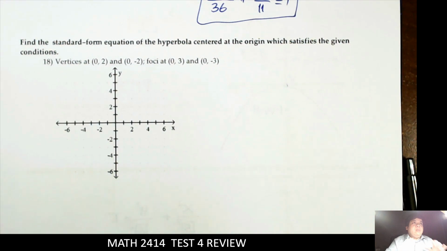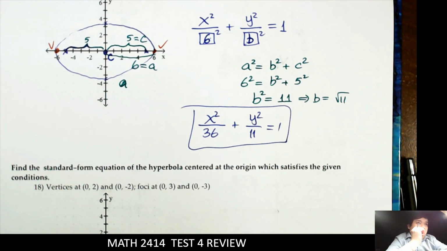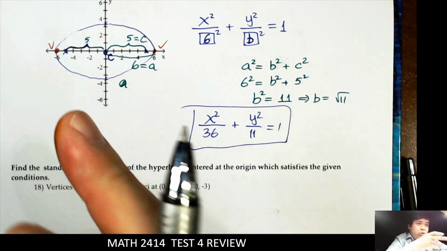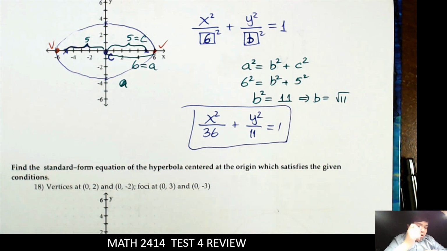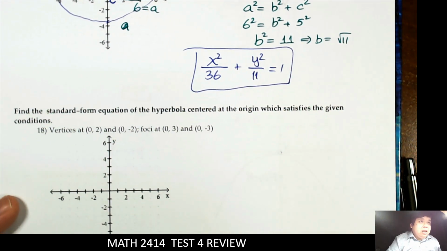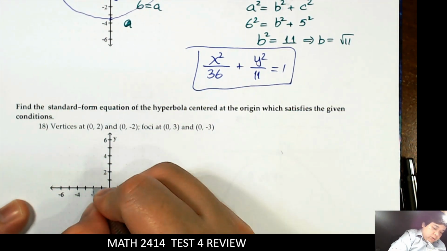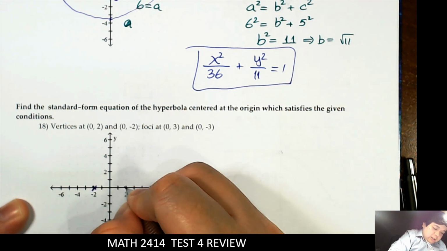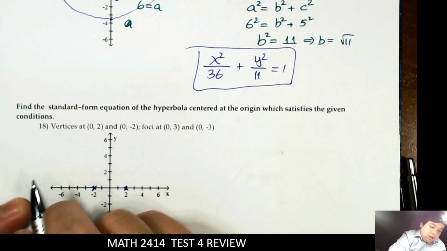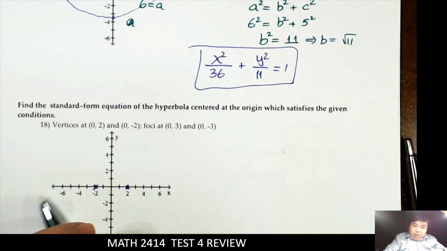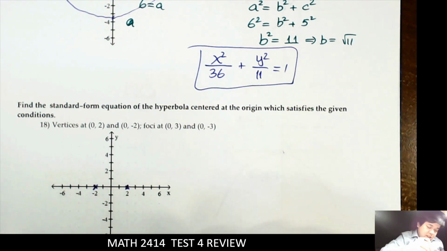Last question is about the hyperbola. So we have 2 vertices and 2 foci. The vertices are at 2 and -2, and the foci at 3 and -3.